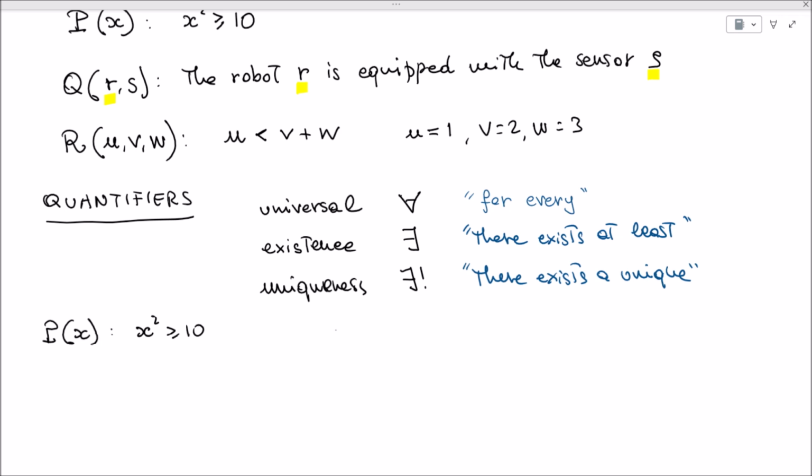So this is a predicate, so we cannot attach any true or false value to it, but we can transform this into a new proposition. This proposition can be: there exists at least one x in the natural numbers such that x to the square is larger than or equal to 10.